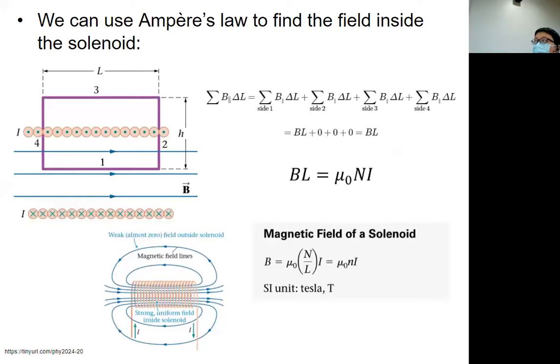That gives you the small n, which is defined as the number of loops per meter, the density of the loops. So the B field is equal to mu naught times n times I inside the solenoid. If you use capital N, then you should do capital N divided by L.